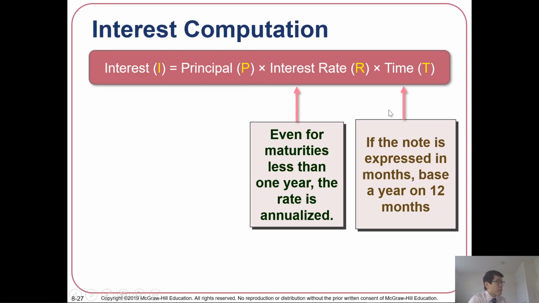And for the time, if the note is expressed in months, it is based on a year of 12 months. It's a little bit hard to understand, so now let me show you.